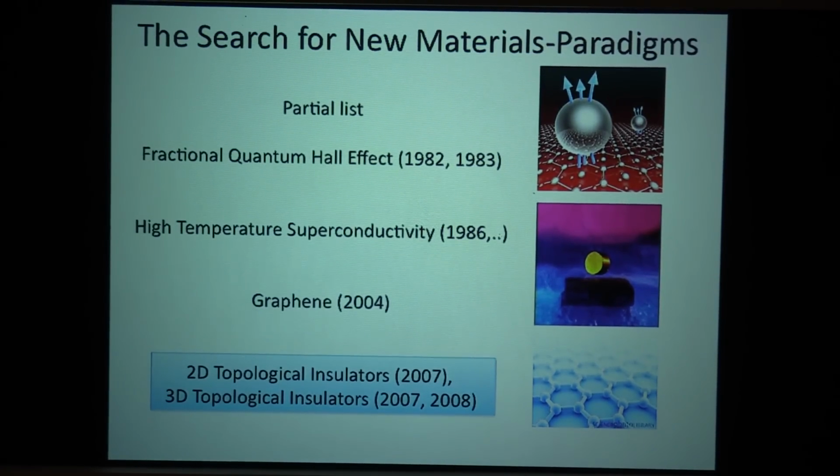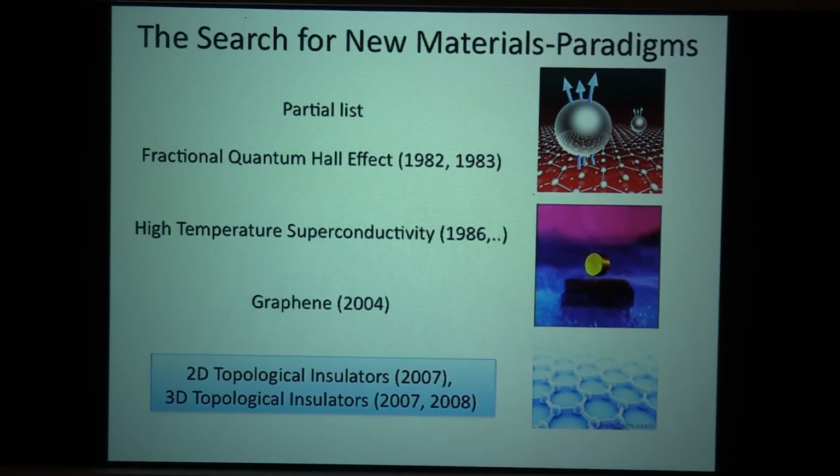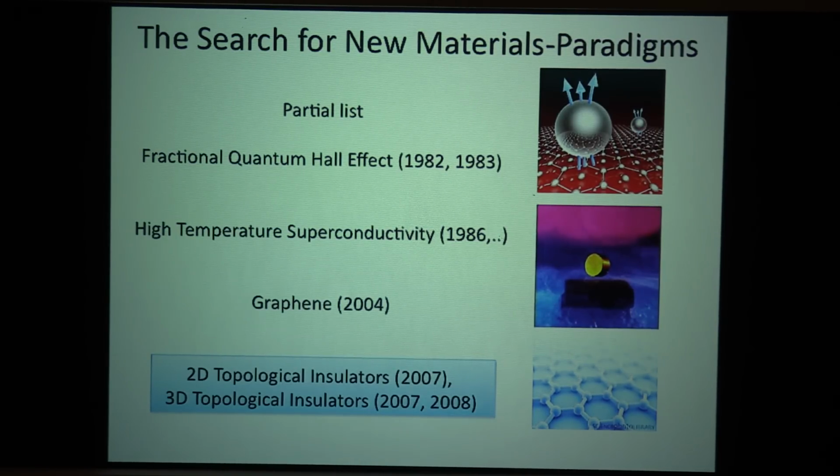So I think for me, the most exciting thing about topological insulators is the fact that they've allowed us to look at material systems from a very, very different perspective. So we have to remember that all the materials that we've been talking about, the 3D topological insulators, have been known for decades. They've been studied for various other properties, notably thermoelectric properties.